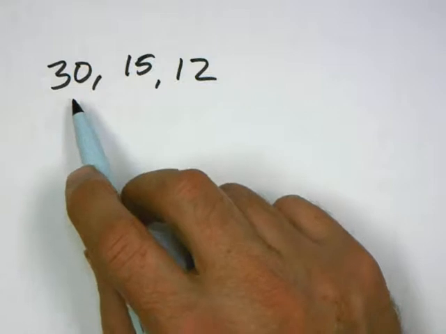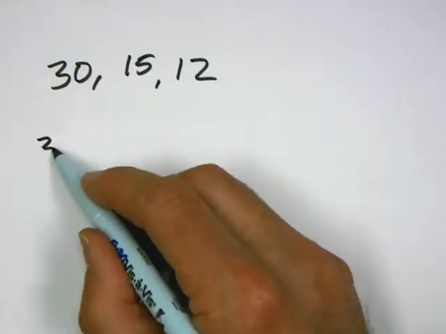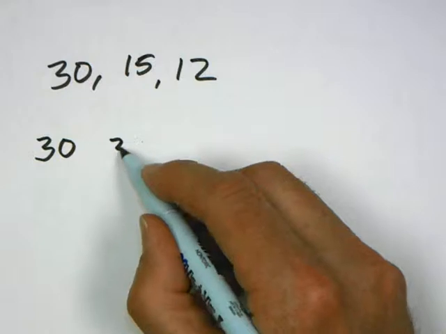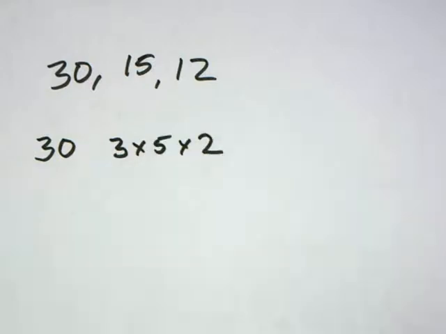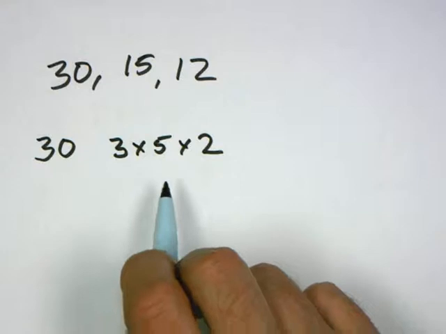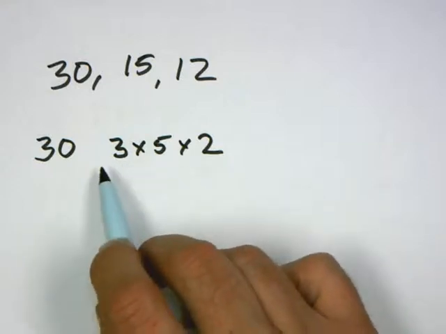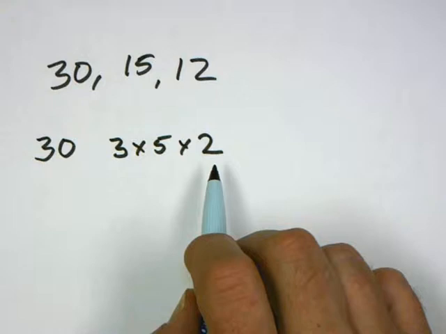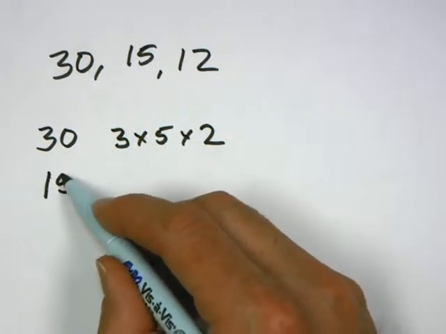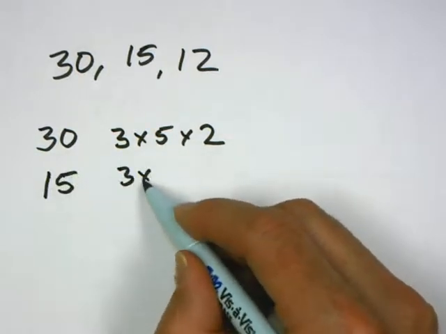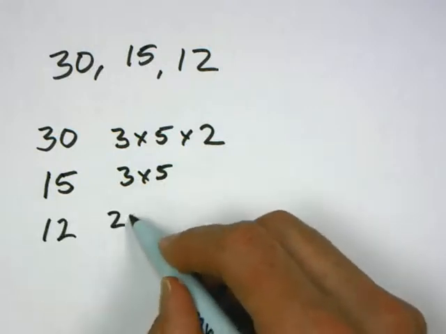So I can write a prime factorization of 30, and I get 3 times 5 times 2. I did that one before the opposite way: 2 times 3 times 5. 3 times 5 is 15, times 2 is 30. These are all prime numbers being multiplied together, my prime factorization string. Then 15, I get 3 times 5. And 12, I get 2 times 2 times 3.